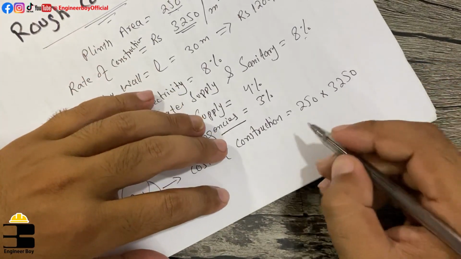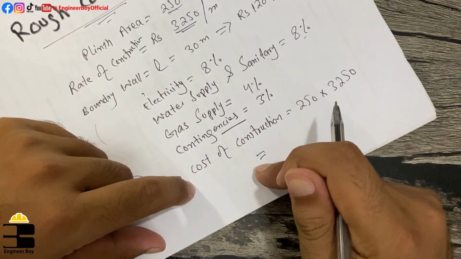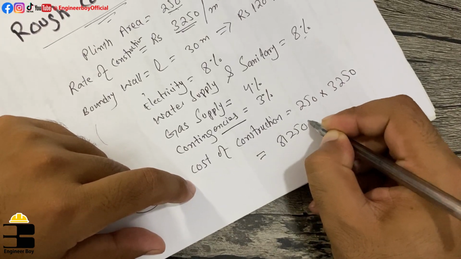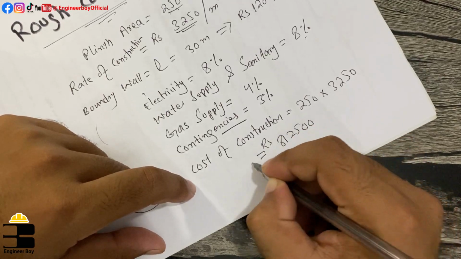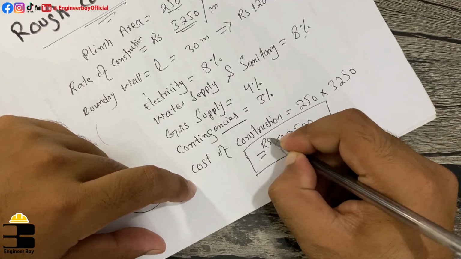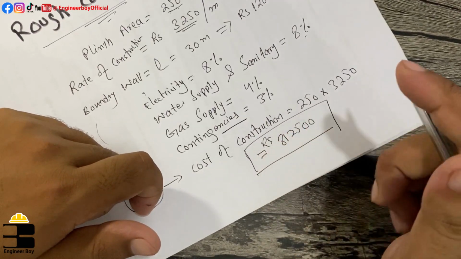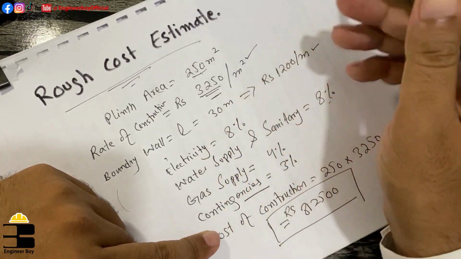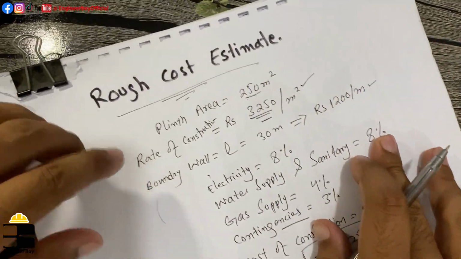Just multiply these two and we get the cost of construction, which is 812500 RS, or Pakistani rupees. This can be in dollars or other currencies, it does not matter. Just learn the estimation process.